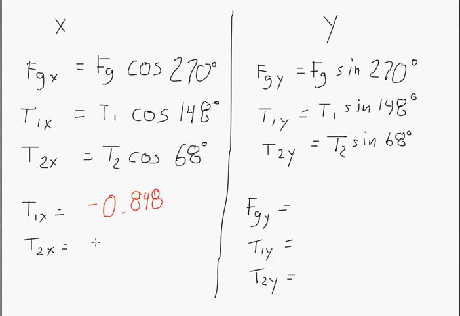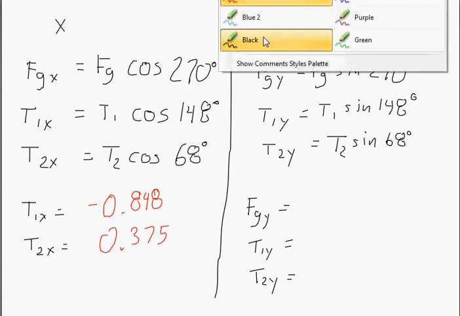That's what I plug in for T1. Now I'm going to plug in my cos 68, so I'm doing my T2x. Cos 68, and you should get 0.375.